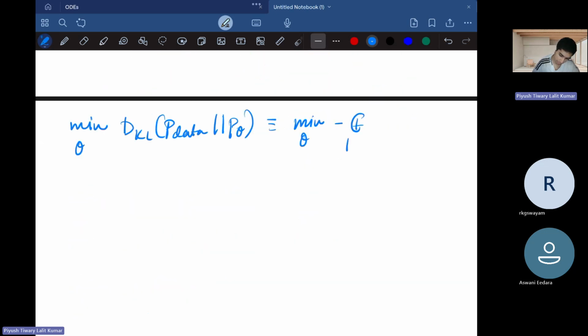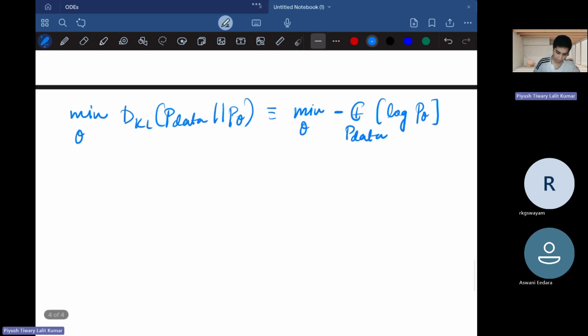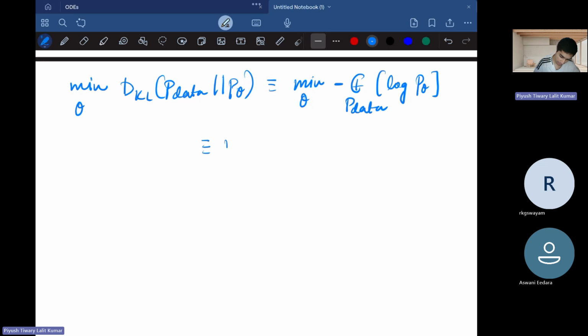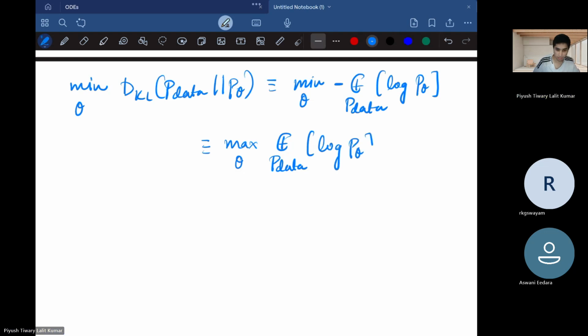This is like the cross entropy term. There is a minus term here, remember, so minimization of a negative term is equivalent to maximization over theta, and you just remove the minus. So this is equivalent to maximization over theta of the expected value under P data of log of P theta, right? Is that clear?